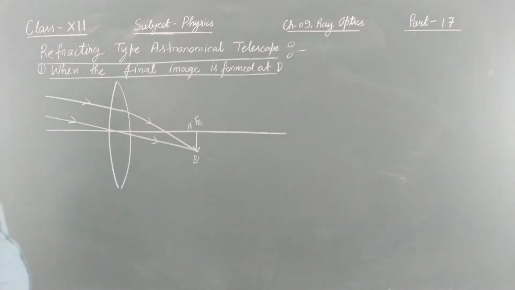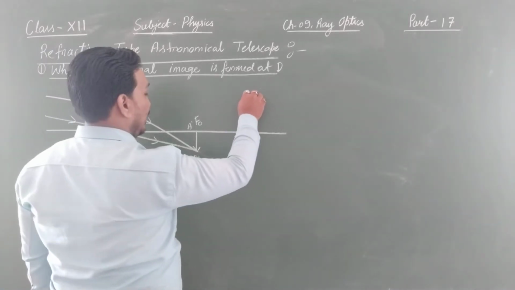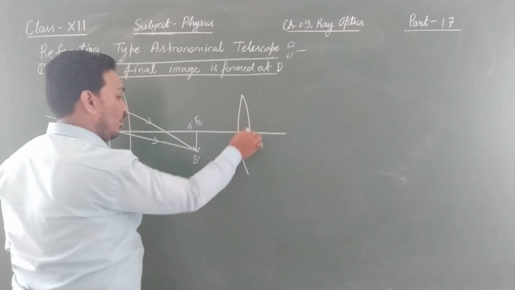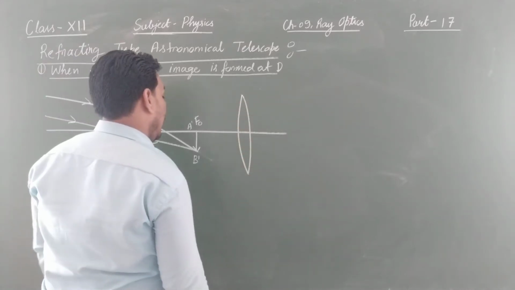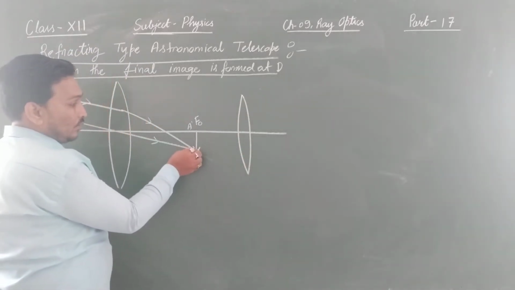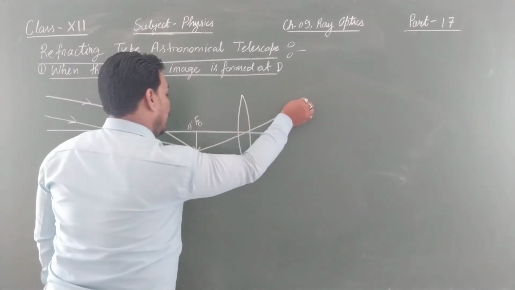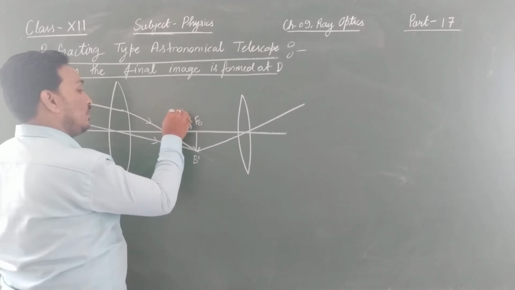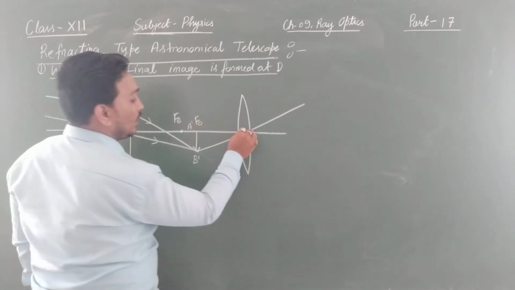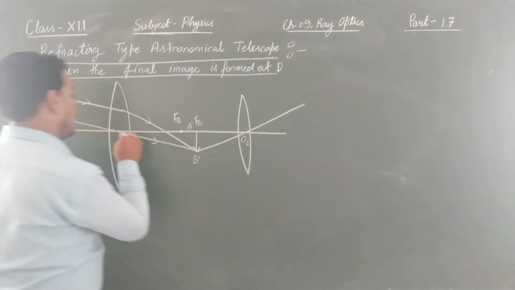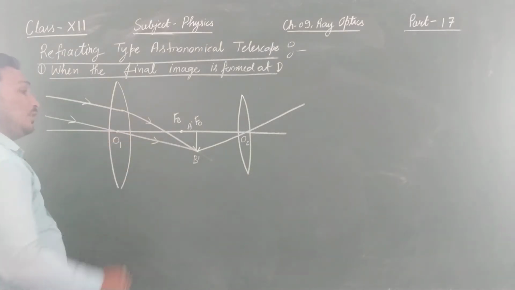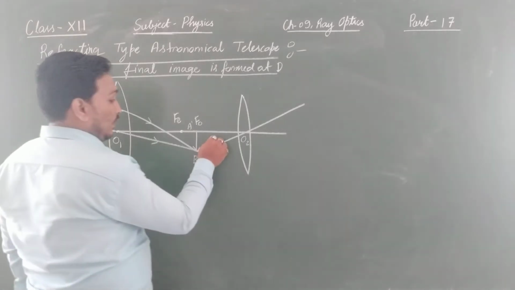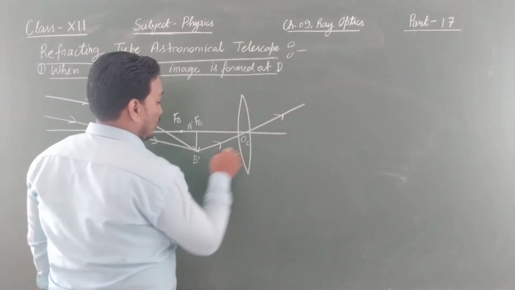Now again, the eyepiece. The eyepiece has to be of smaller aperture and smaller, short focal length. Now the eyepiece is so adjusted that this image A dash B dash falls between the focal length of the eyepiece and the optical center of the eyepiece, so that a virtual magnified image is formed.